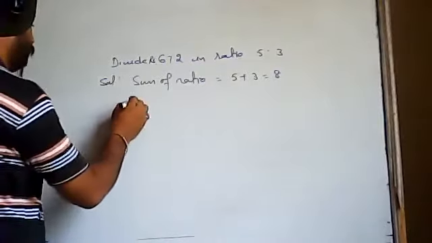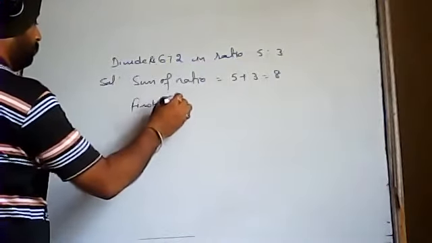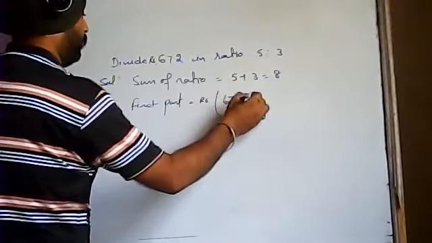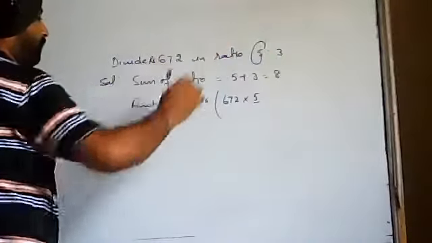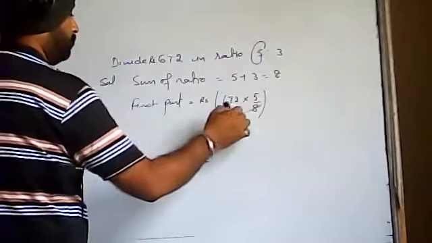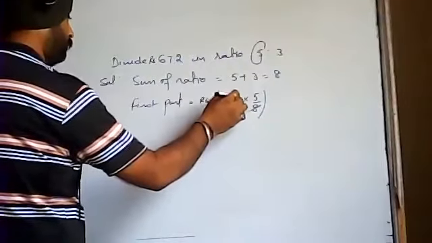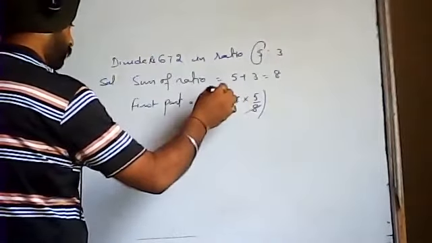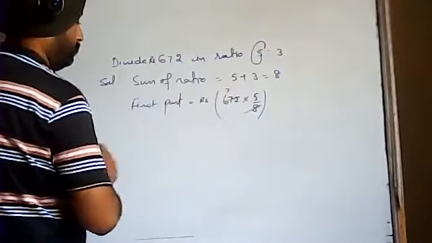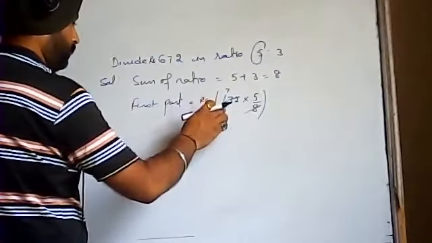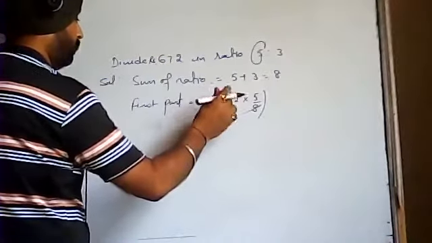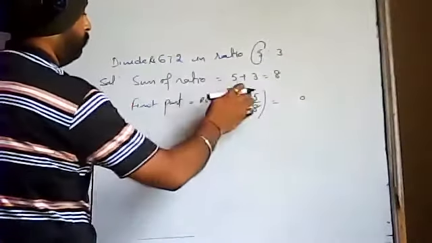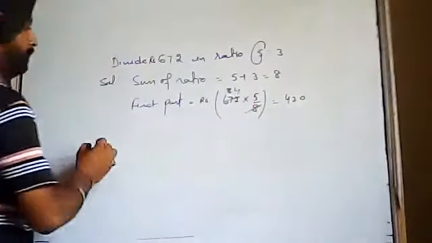First part is equal to rupees 672 into 5 over 8. Calculate this: 8 fives are 40... this is 420.